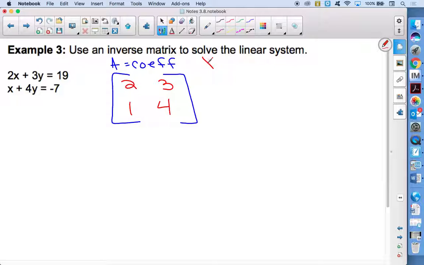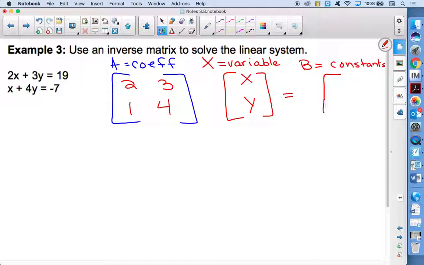Then we have the X, which is really the variable matrix. So the variables that we're solving for. In this case, we have an X and a Y. X is always on top. It's your first variable in the ordered pair. Y is on the bottom. The last matrix, which is B, is our constants matrix.